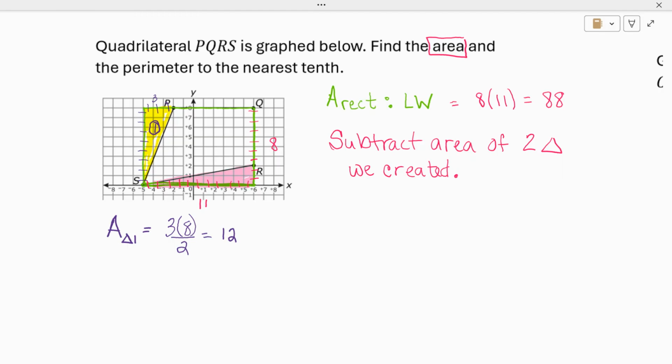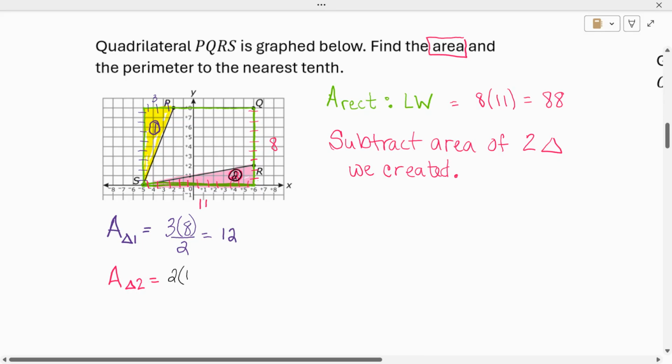Okay. Let's find the area of the second triangle that we created. Let me write that on block so you guys can see it. This is the second triangle that we created. So let's see. It has a base of 1, 2, and a height of 11.